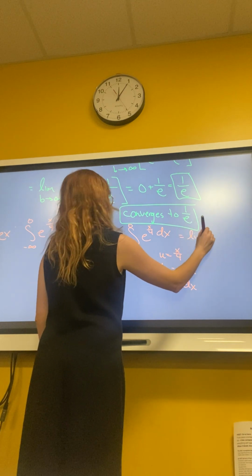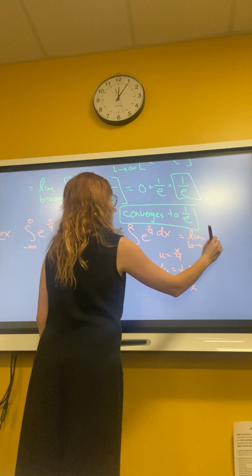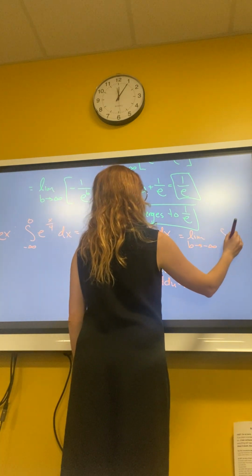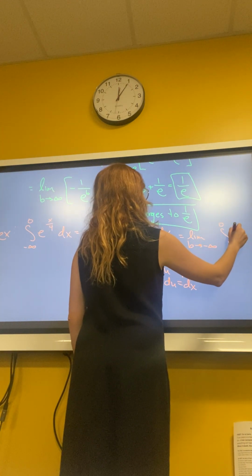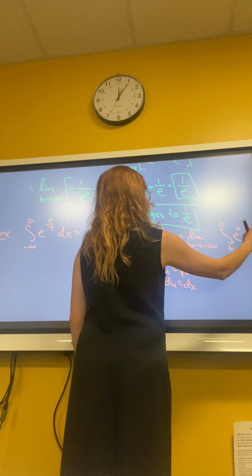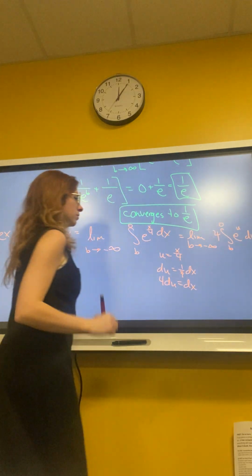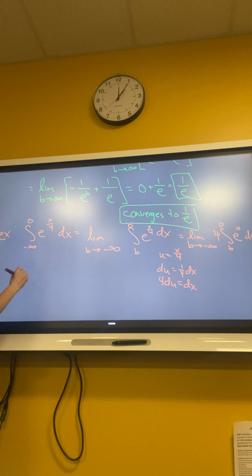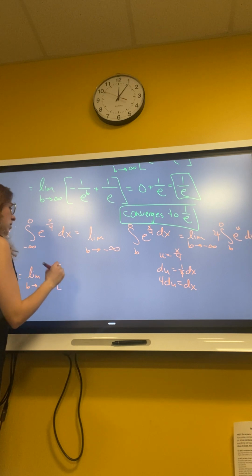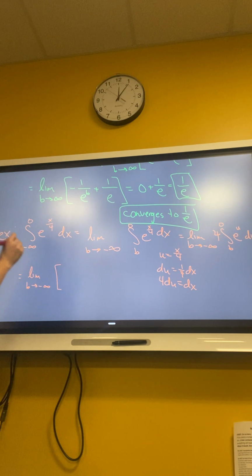So if I were to rewrite the whole thing, just for clarity, of e to the u du, right? I keep carrying this limit around, but I know the integral of that is just, which I could pull the 4 out still, or I can put it inside, it doesn't matter.